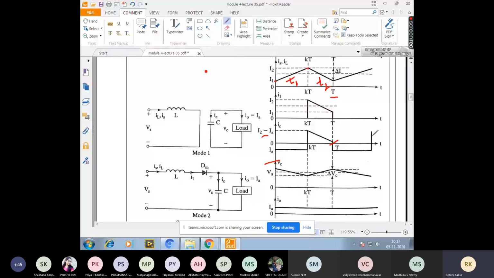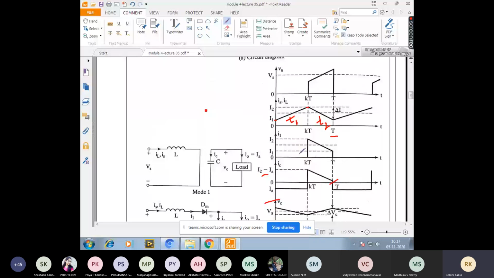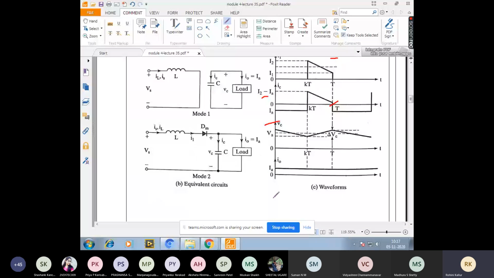Whereas here, this is I1, the initial value of current flowing in the circuitry. For the first duration there is no value of current, and for the next duration, during the time period T2, you will have this as your input voltage.